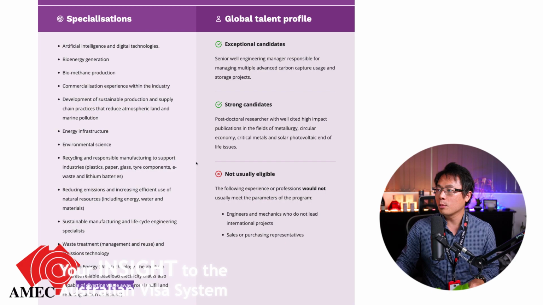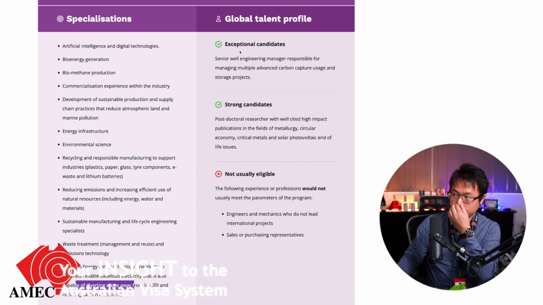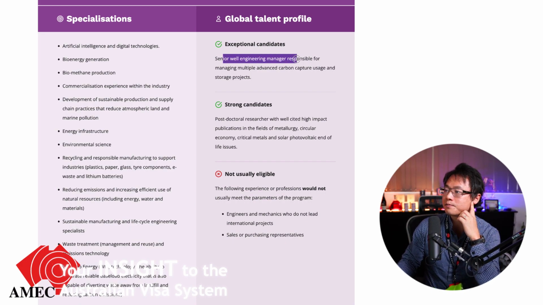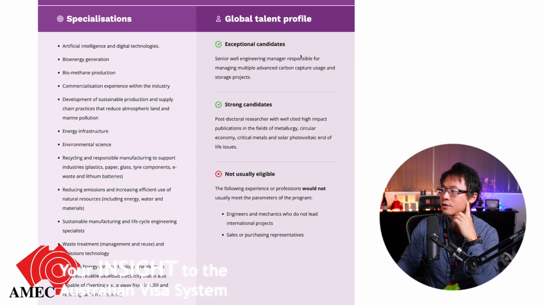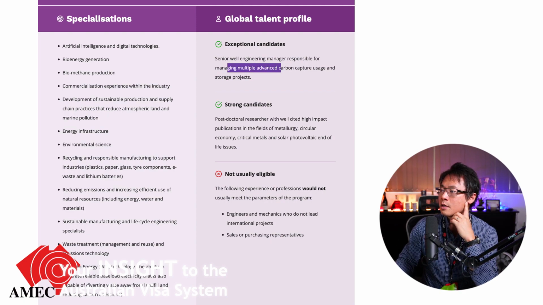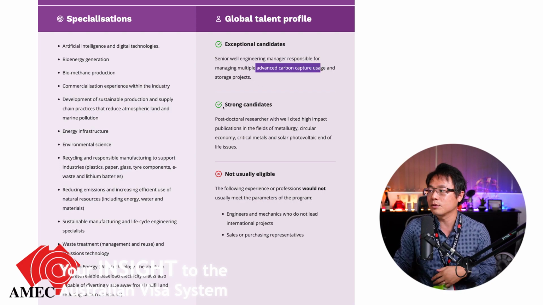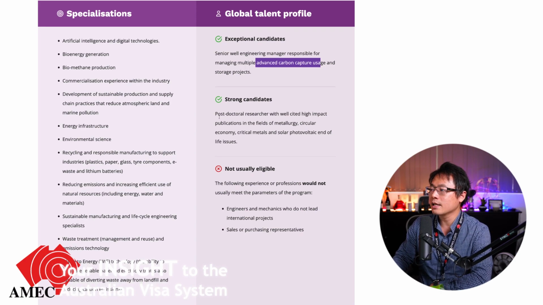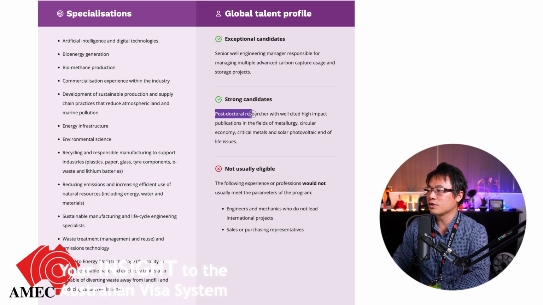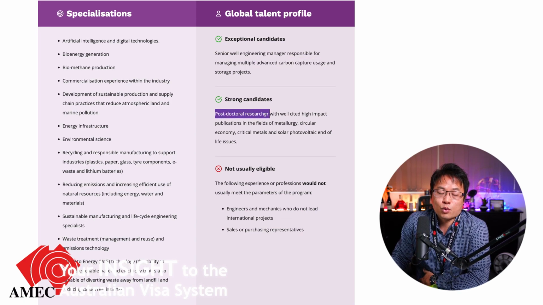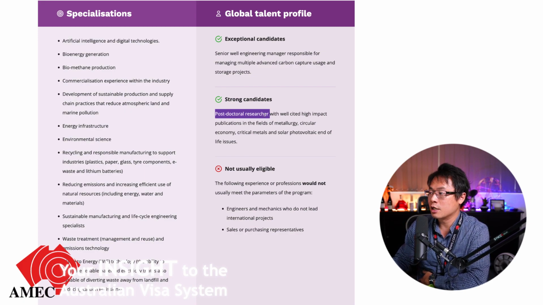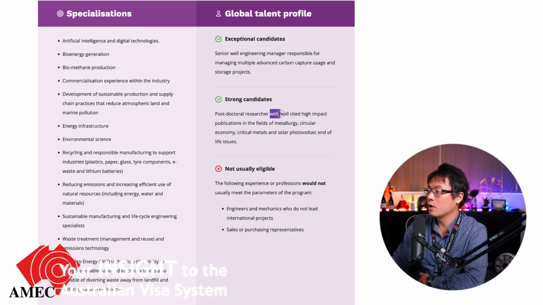So, global talent profile: exceptional candidates, senior engineering managers responsible for managing multiple advanced carbon capture, usage and storage projects. This is just an example, okay? Strong candidates are postdoctoral researchers, people who have patents, publications and ideas with well-cited, high-impact publications.